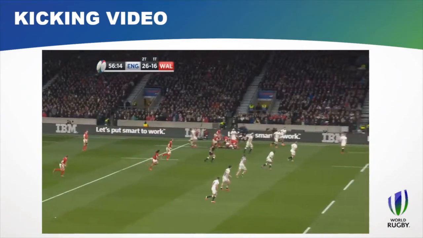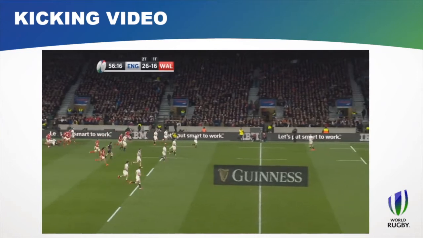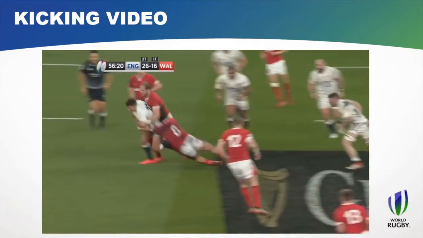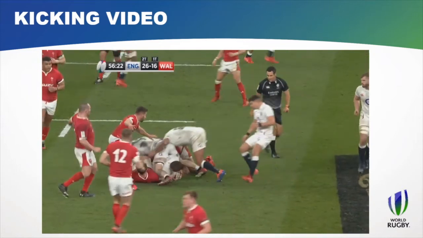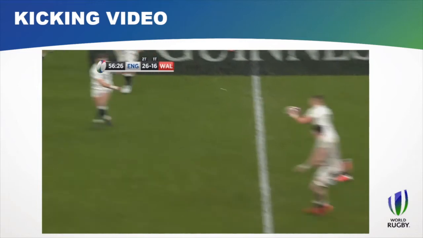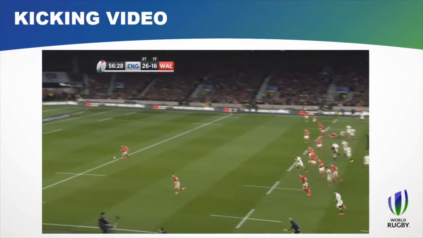We get most of our unstructured possession from kicking, either contestable kicks or long kicks. And again, we look to see how we can use the best talents of our players in this situation. So here we turn them around with kicking again.